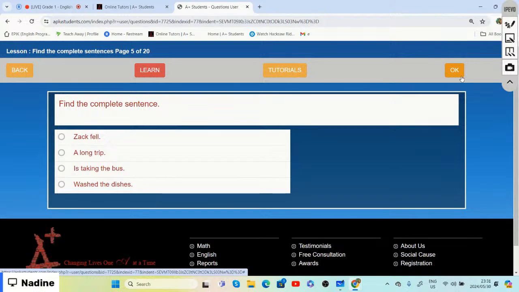Yes, she lost the book because she's not being responsible. Well, that's very good. That is so true. All right, and if we select the correct one, we can say Zach fell. So Zach fell is our complete sentence.